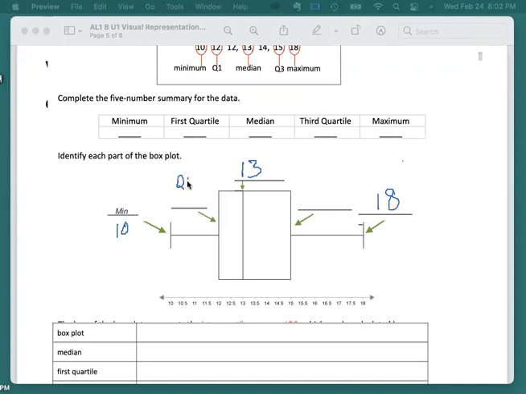So quartile 1 was 12 and quartile 3 was 15. So if we're looking at this, the 10 and the 18 are kind of like outliers, and the majority of the numbers are going to fall inside of this box, okay?